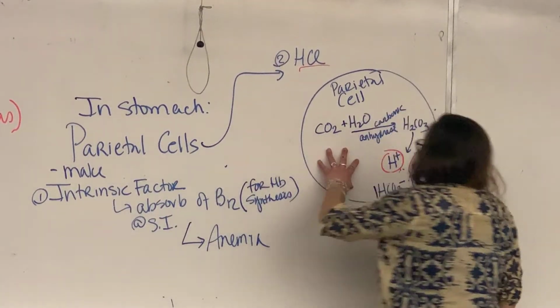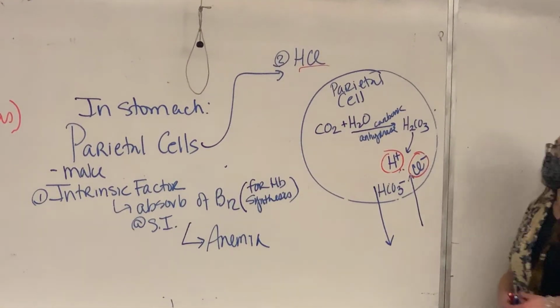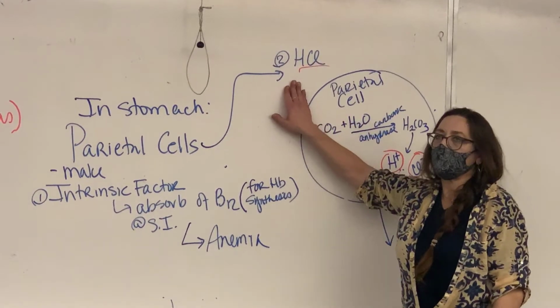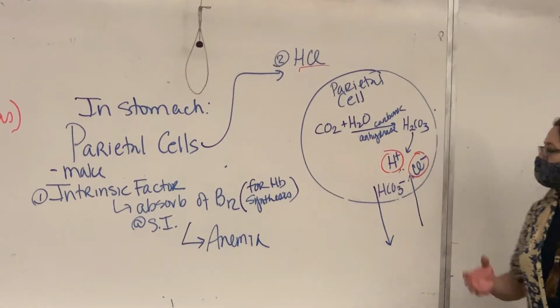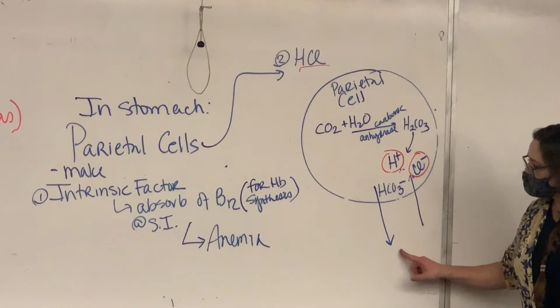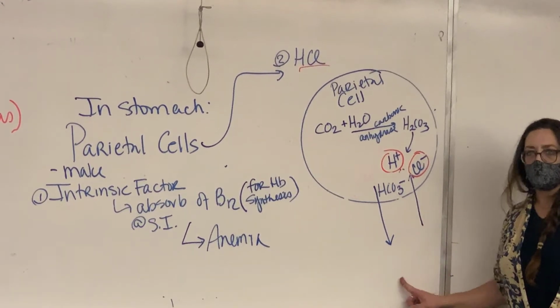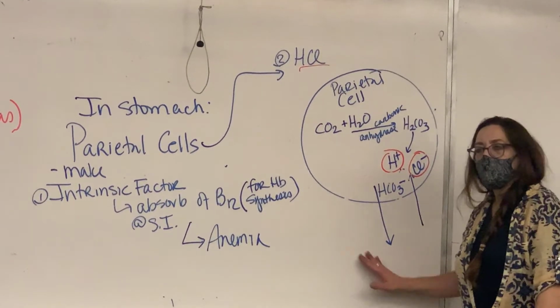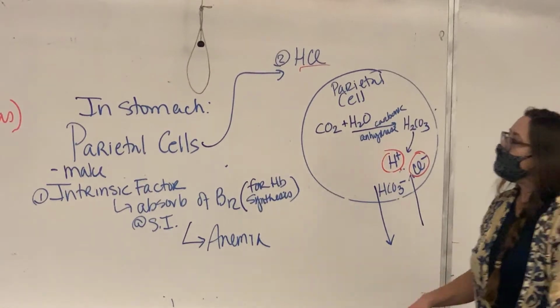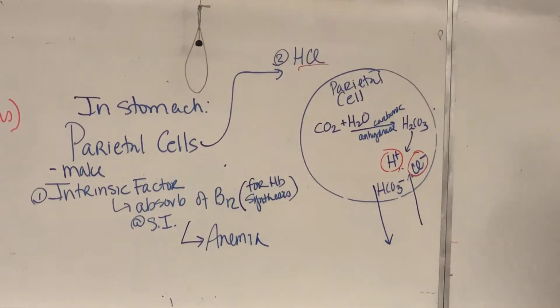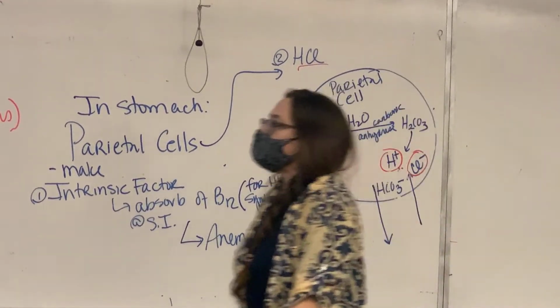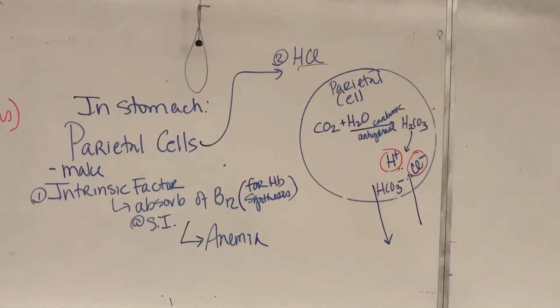So whenever you're eating, as long as there's food in your stomach, your parietal cells are making HCl. So after you eat, what you'll see is a bunch of bicarb in your extracellular fluids. Again, that's called an alkaline tide. All that bicarb causes your pH to pop up, but it's just for a very short period of time because it is corrected very quickly.